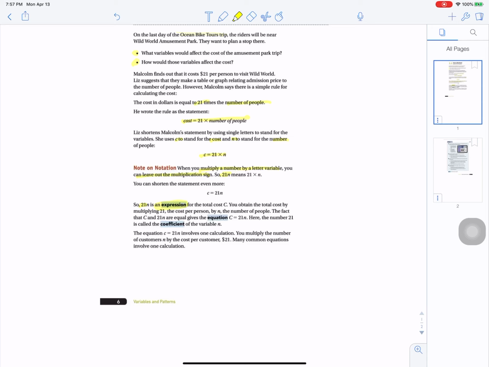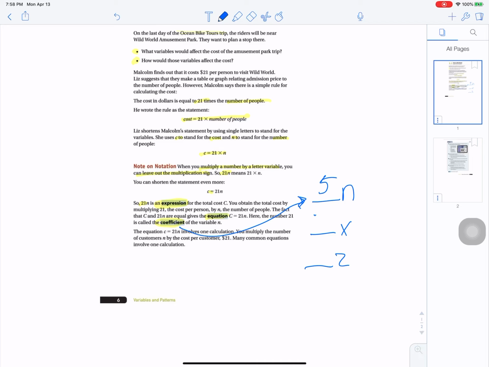The fact that C and 21n are equal gives the equation C equals 21n. And here the number 21 is called the coefficient of n. Basically, any number in front of a variable, n or x or z, is called a coefficient. Say it was 5n, 5 would be the coefficient, or 7x, that would be a coefficient.